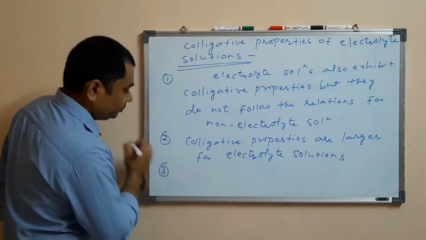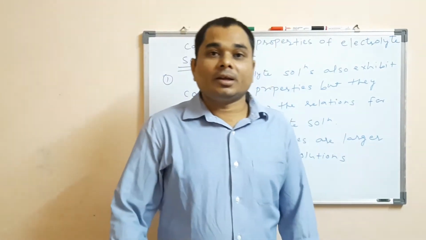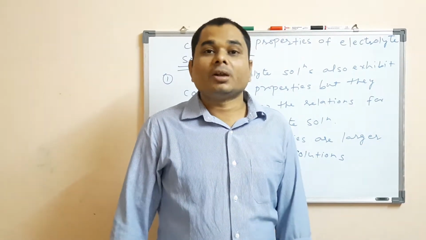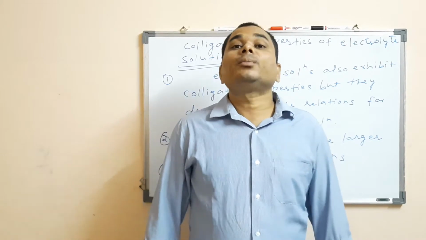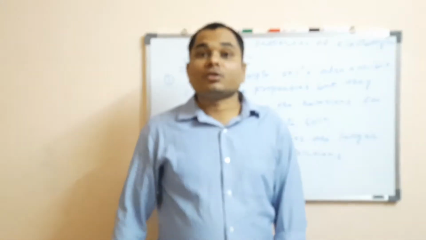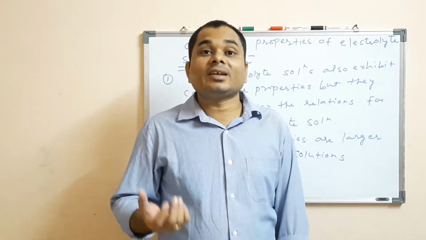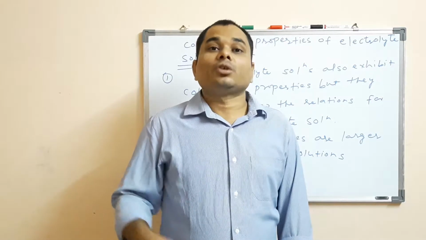Third point is, by using each colligative property we had calculated molecular mass या molar mass of the solute that was added. So when we calculate molar mass of the solute, in case of electrolyte solution, then the molar mass that is calculated is much smaller as compared to the actual values.